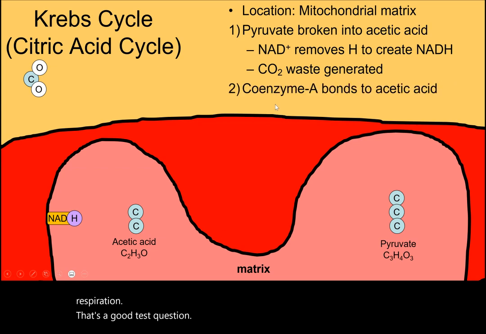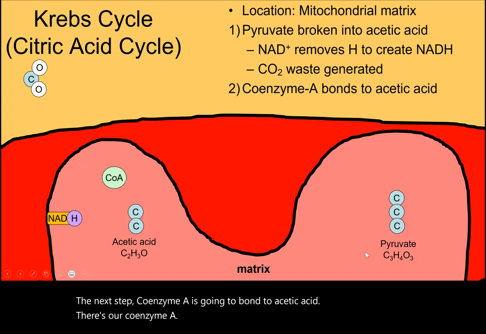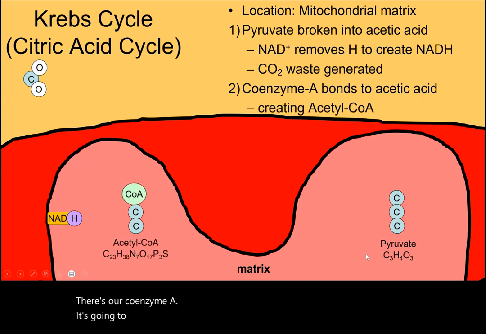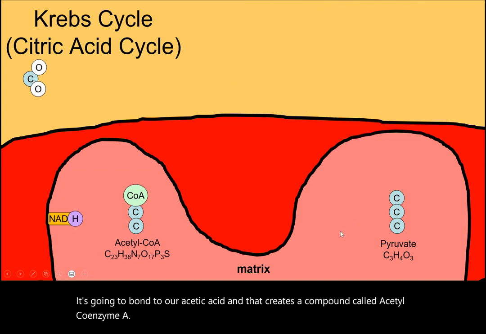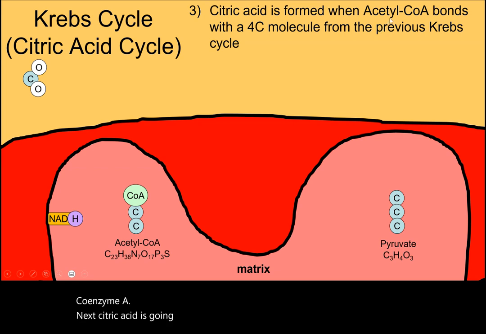The next step, coenzyme A is going to bond to acetic acid. There's our coenzyme A. It's going to bond to our acetic acid, and that creates a compound called acetyl-coenzyme A. Next, citric acid is going to form when acetyl-coenzyme A bonds with a 4-carbon molecule from the last Krebs cycle.